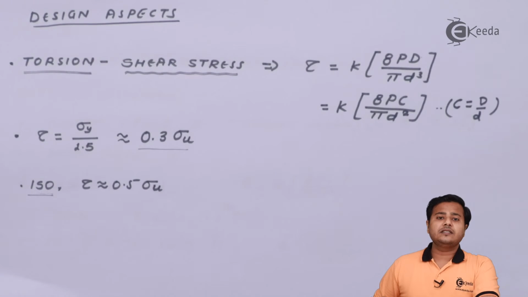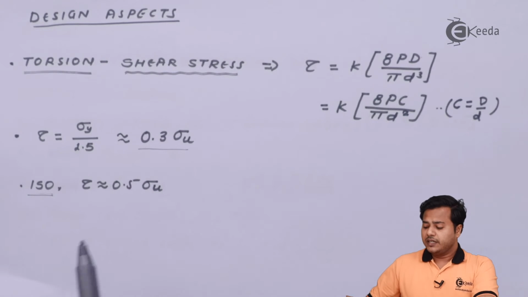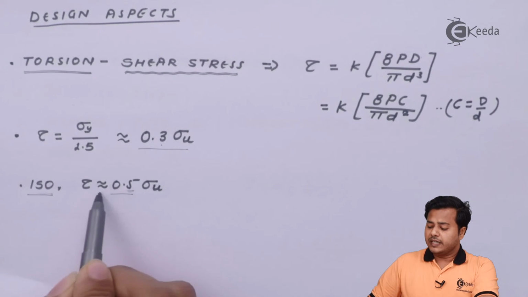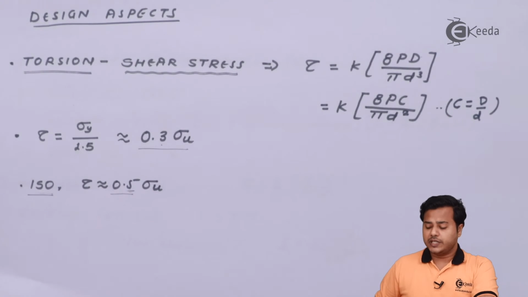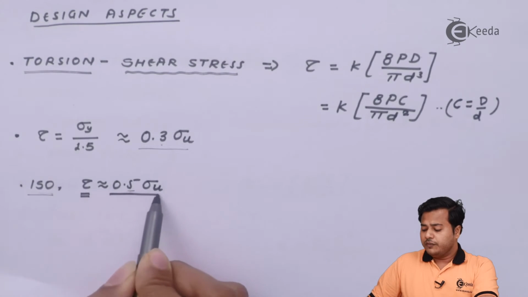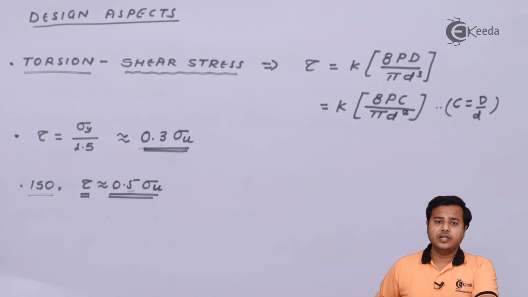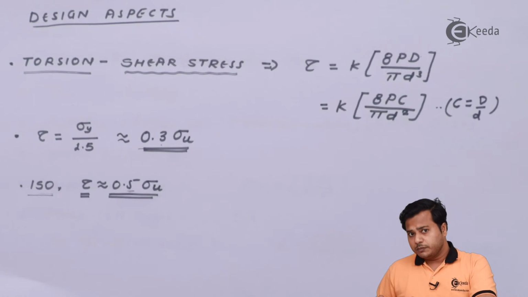As far as the Indian standards are concerned for springs, they have suggested not to take 0.3 but to take 0.5 times the ultimate strength. So whenever the criteria are specified, we are going to take the shear stress as either 0.5 times this or 0.3 times the ultimate strength, and accordingly we are going to design the further part of our design.